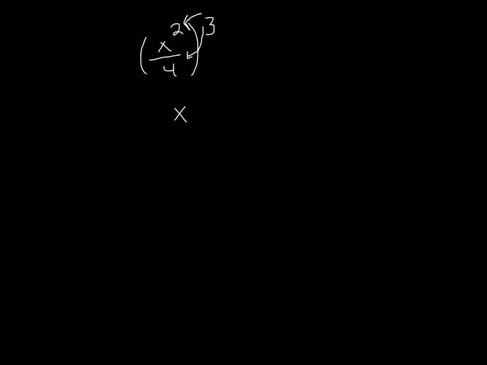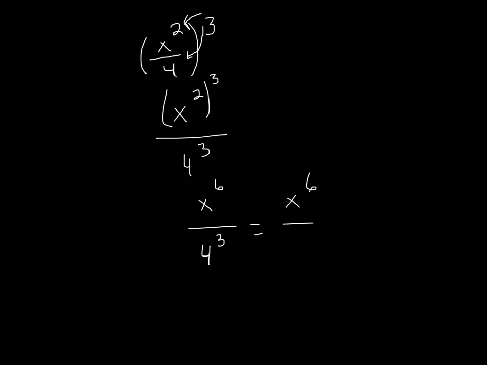So you're going to have x squared to the third power on top, and you're going to have 4 to the third power on bottom, as the denominator. So x squared to the third power is going to give you x to the sixth, 4 to the third power, and if you multiply that out, x to the sixth is going to stay on top, and on bottom you're going to have 4 squared is 16, and another time that's 64. So there's your example of a quotient.